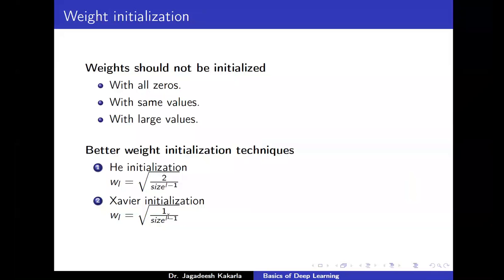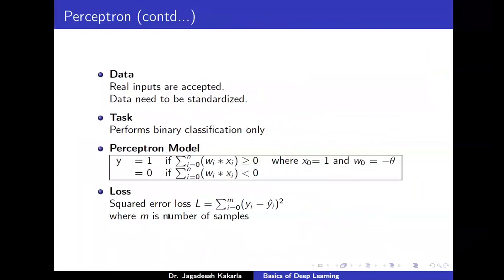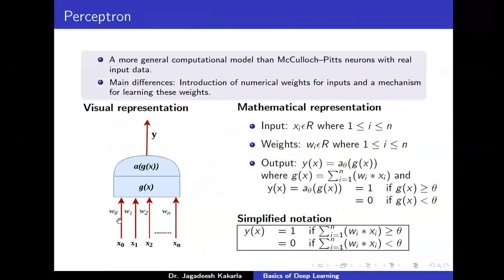Now the next thing is, when I was discussing the perceptron, you can see these weights W0, W1, W2, and so on up to Wn. These weights we only give initially. Am I right? Then we will update those weights. Is it clear?